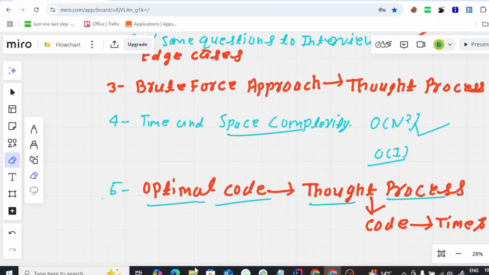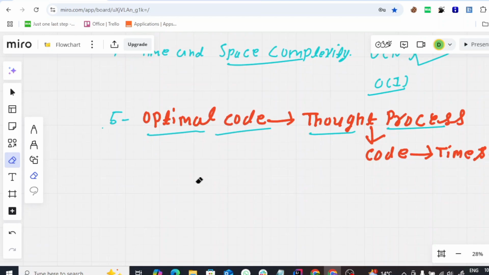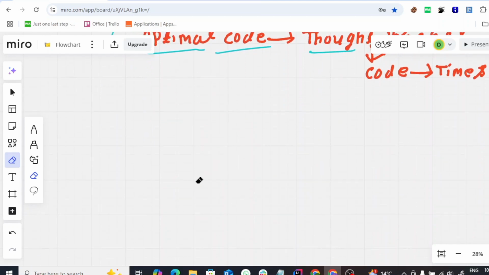Let me write the equation that helped us write the brute force approach. What was the equation? The equation was we need two numbers, num1 and num2, whose sum should be equal to target.